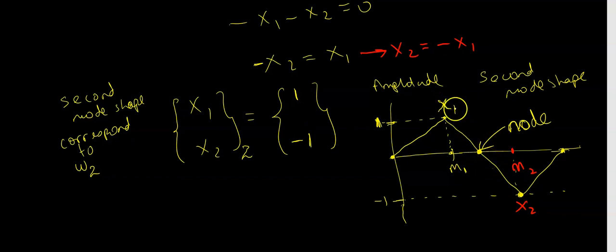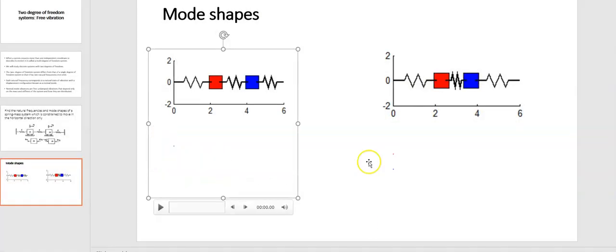So when x1 sees a maximum amplitude, x2 sees a minimum amplitude. And minimum in the negative sense, right? What does that mean? Well, let's look at a graph of how it would oscillate in the second mode. Remember, it's oscillating at omega 2. How does it oscillate?